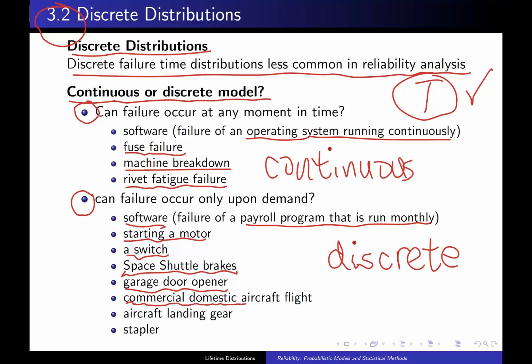Any commercial domestic aircraft flight, if you don't consider any failures within the flight, but you only consider whether or not the flight makes it to its destination, that's a discrete random variable. Likewise with the landing gear, it's done on demand, stapler, etc. So there's plenty of examples of continuous and discrete random variables, but this particular section is all about discrete random variables.